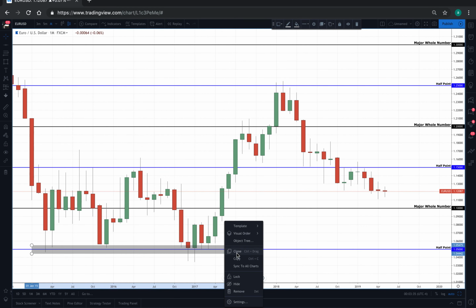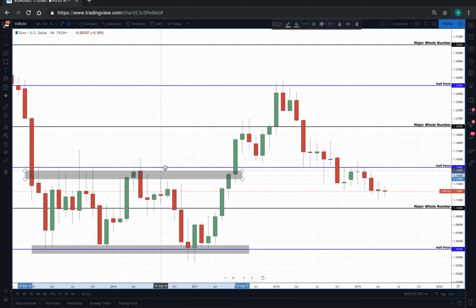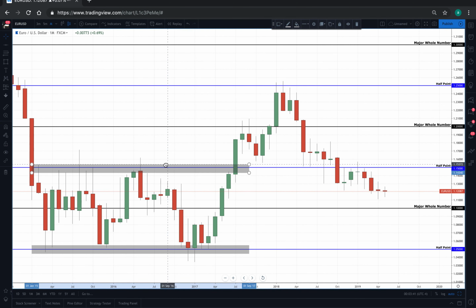When you look up, you can see how there was resistance at this half point, or especially even near it with all these candlestick wicks over here.